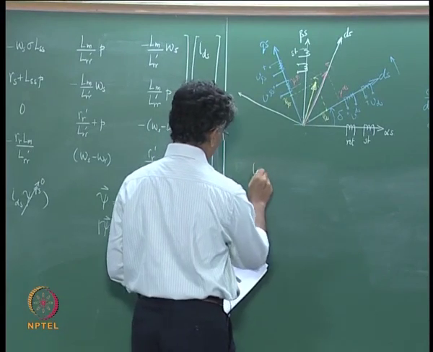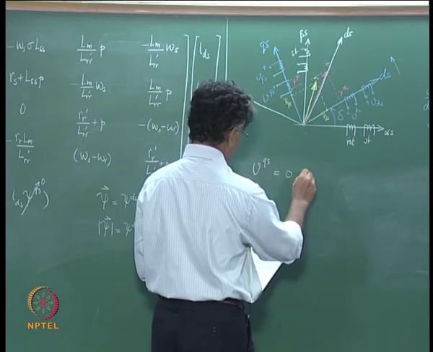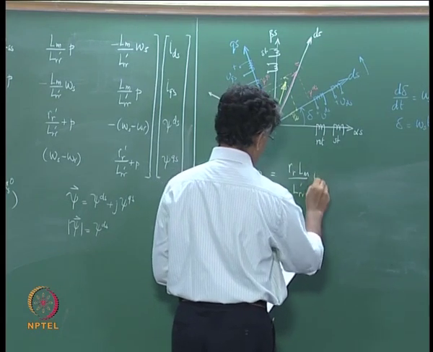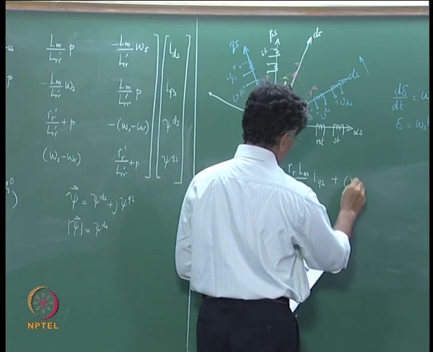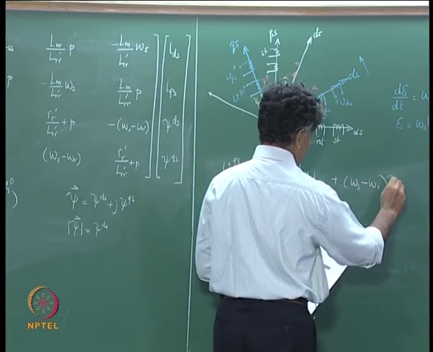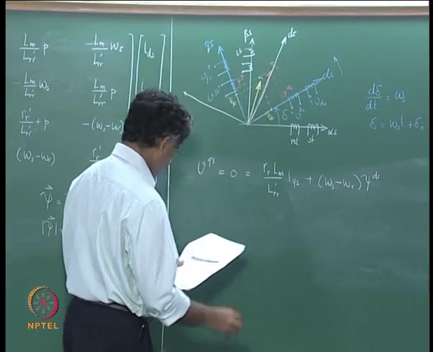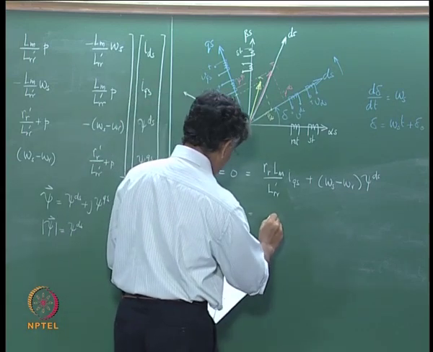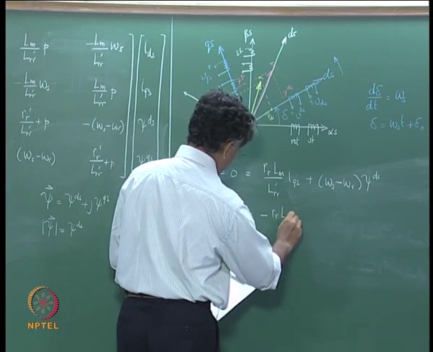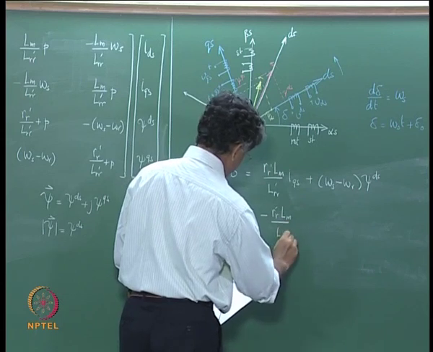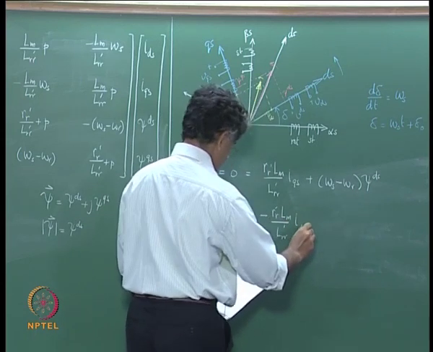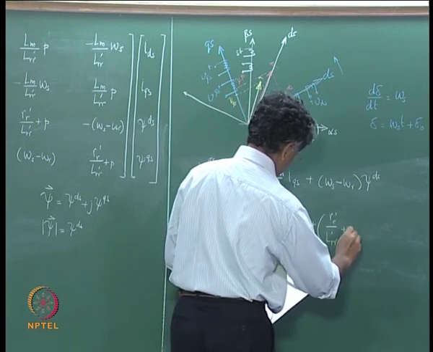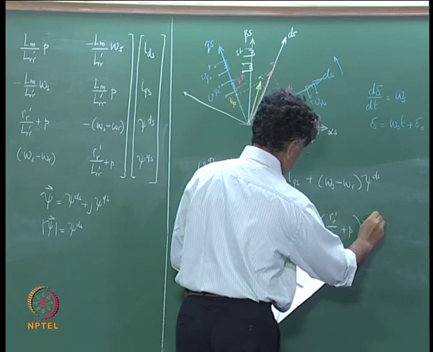What you have is VQS, which is nothing but 0, equal to RR into LM by LRR dash into IQS, and then VDS, which is again 0 because the rotor is shorted, is minus RR LM by LRR dash into IDS plus RR by LRR dash plus P into psi ds.